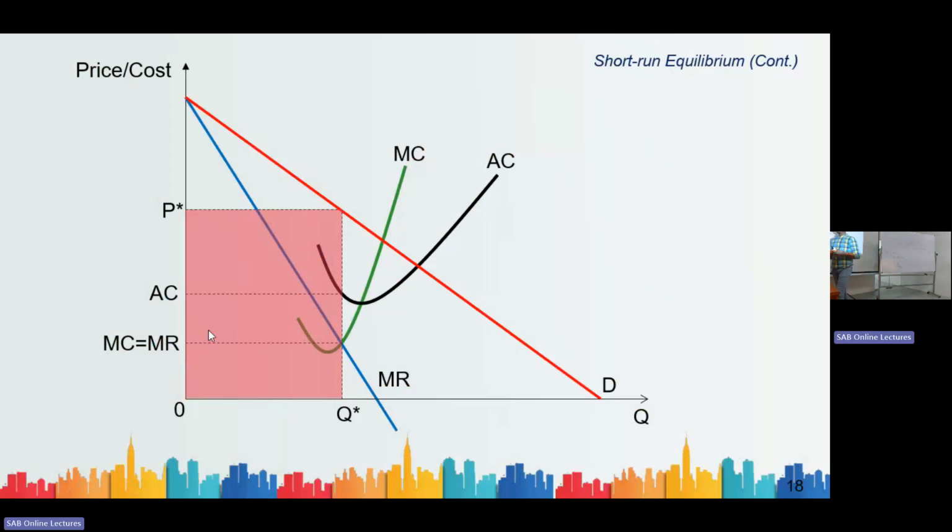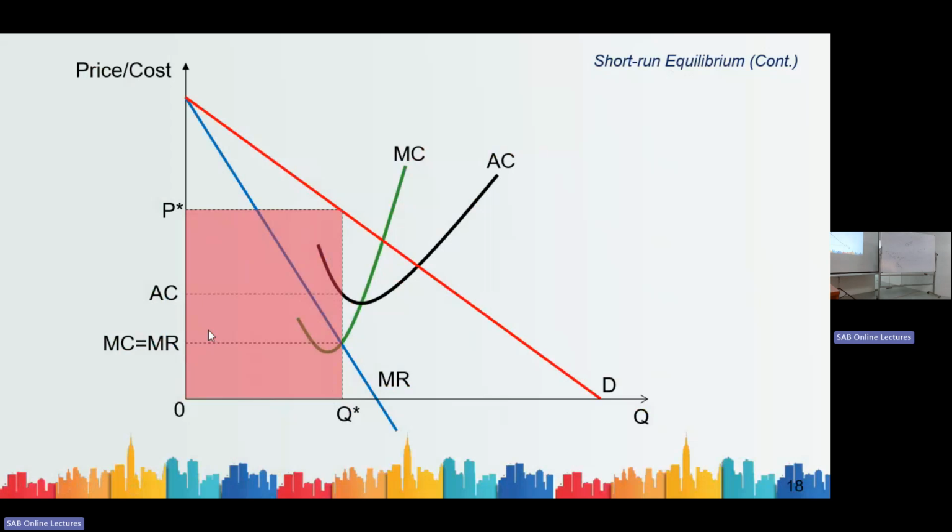So what is the corresponding average cost at profit maximizing output level? Average cost is this much. Going straight from Q star, you have to go to the average cost curve and then find the corresponding value.